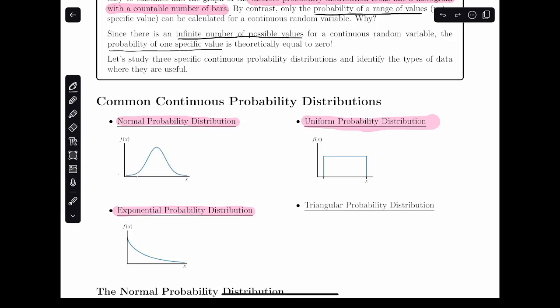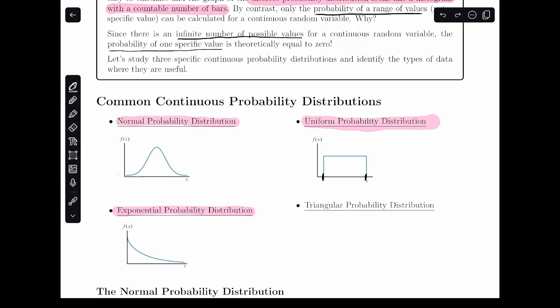The exponential distribution is this curve where small values are more common than bigger values. And a uniform distribution is where we have some interval and the distribution is constant over this interval.